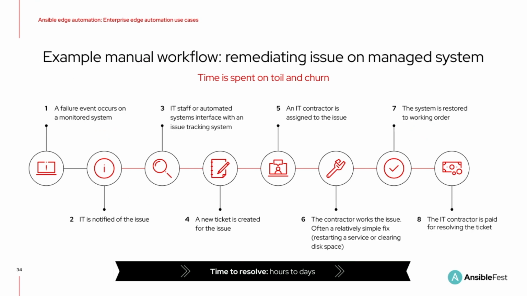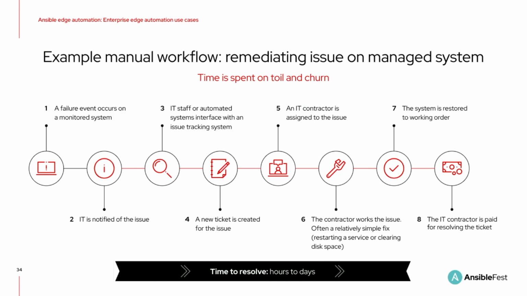This is an example of remediating an issue for a managed system. If I have a failure, IT is notified and the IT staff will start tracking. I will open a ticket automatically. If I have a contractor, they will be assigned to the issue. The contractor can work the issue, and usually the issues are very simple. We usually don't have catastrophic events. And when the system is restored, the IT contractor is paid for resolving, and I can close the ticket or notify.